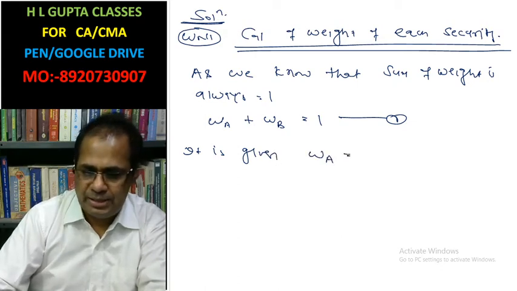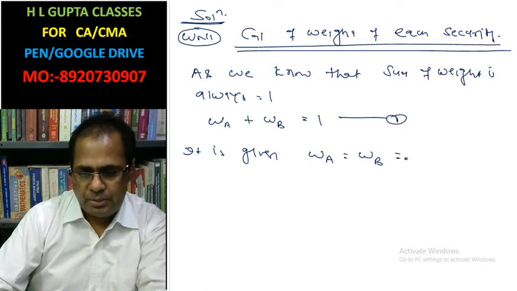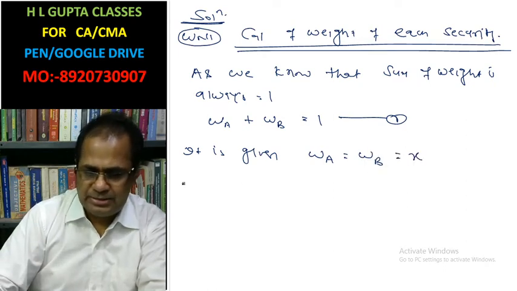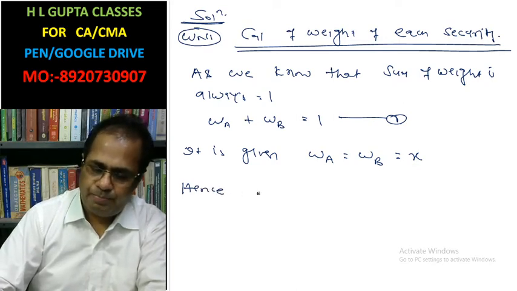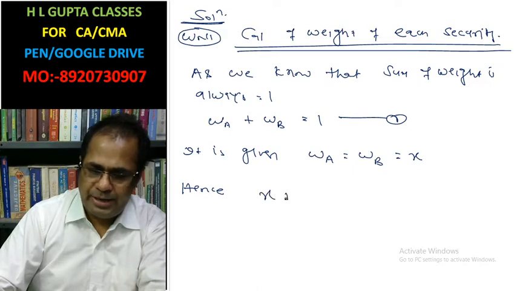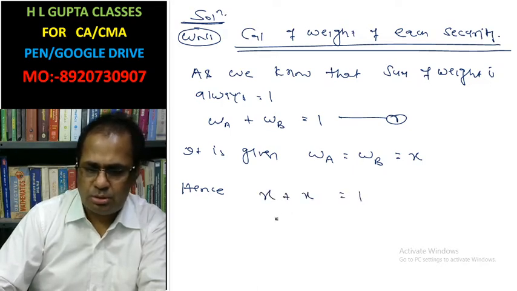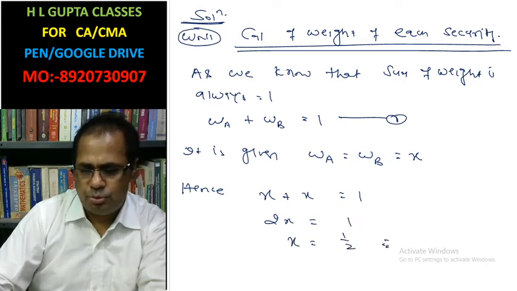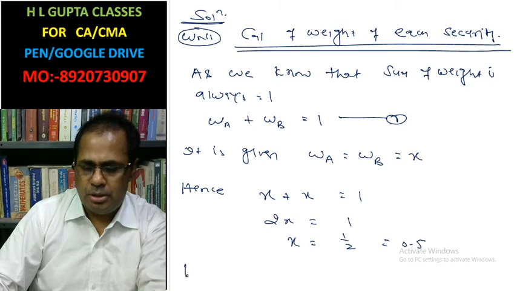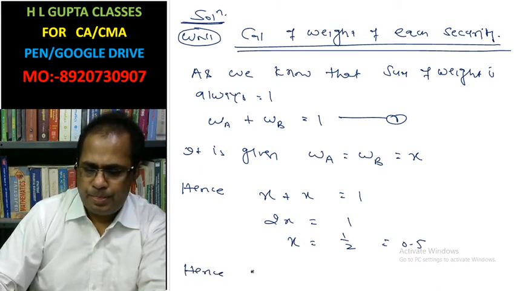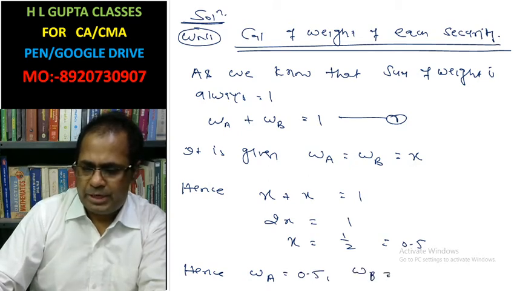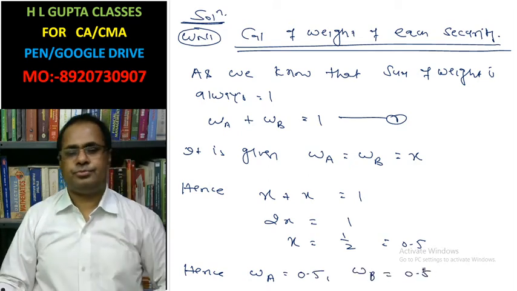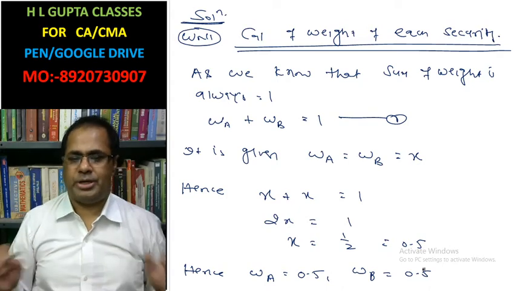That is, weight A equals weight B, that equals x. Hence we can write x plus x equals 1, 2x equals 1, x equals 1 by 2, that equals 0.5. Hence weight of A is 0.5, weight of B is 0.5. We have calculated the weight here.